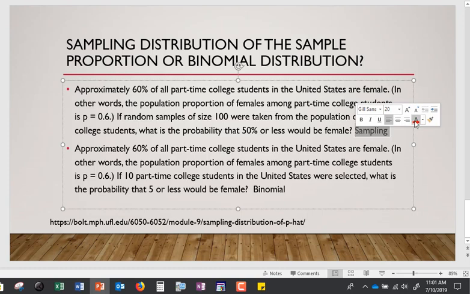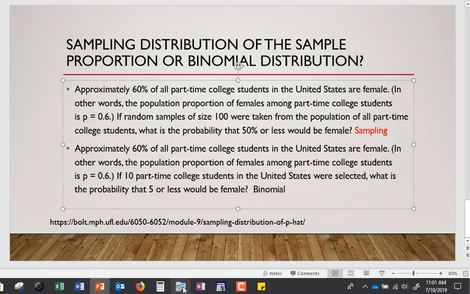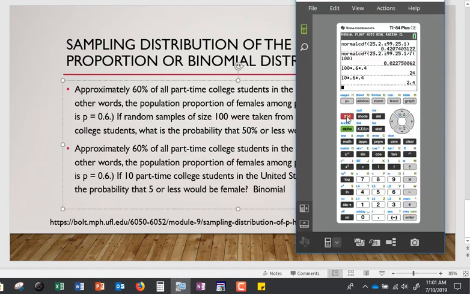So for the first one, since it's normal, in our calculator we're going to second and vars. We want normal CDF because we said the shape is approximately normal. We want 50% or less, so this time we're on the left side of a graph. So the lower bound, the smaller number, is negative infinity. You can absolutely enter in negative 10,000 if you like, or negative 100, just something that's very, very small. Then you enter in the value we're being asked about, 50%.